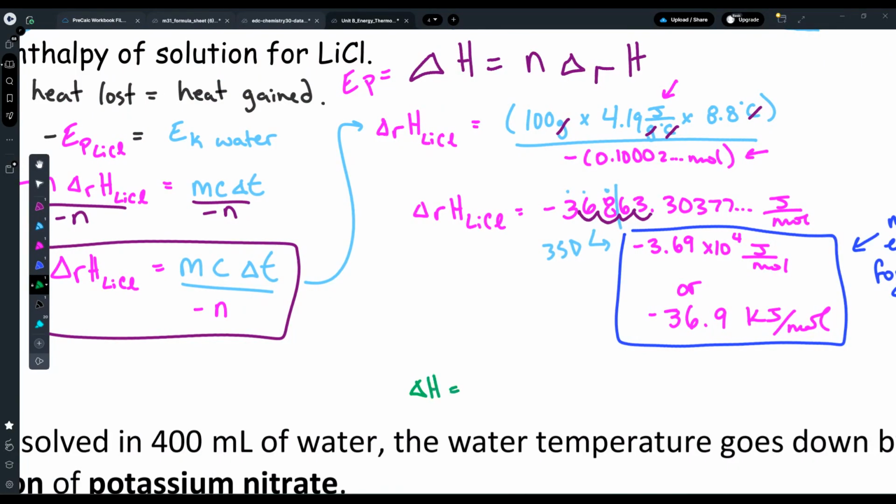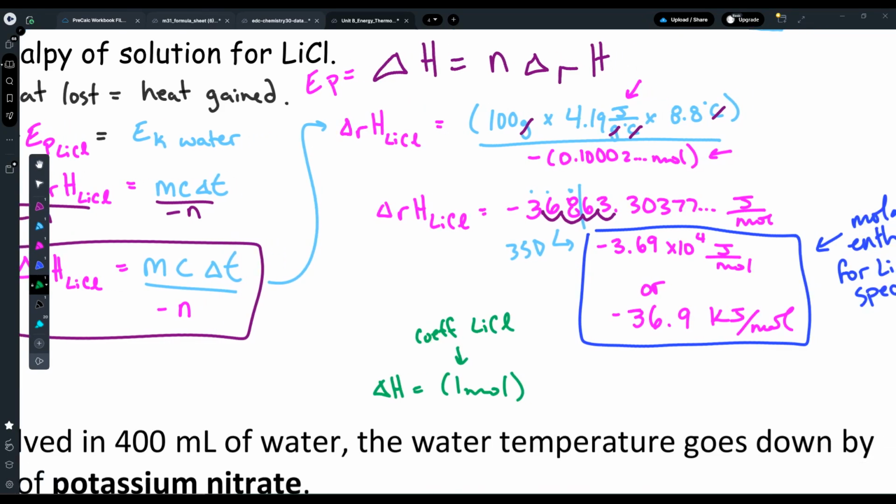Our change in enthalpy is equal to 1 mole, coming from the coefficient for lithium chloride, times, using kilojoules per mole, negative 36.9 kilojoules per mole. Then our moles are canceling out, and this will give us negative 36.9 kilojoules.